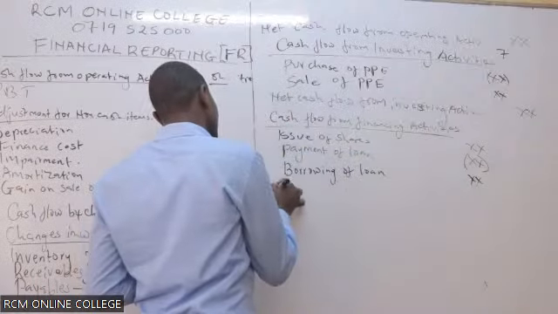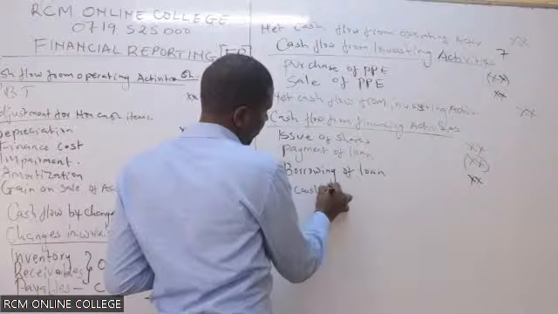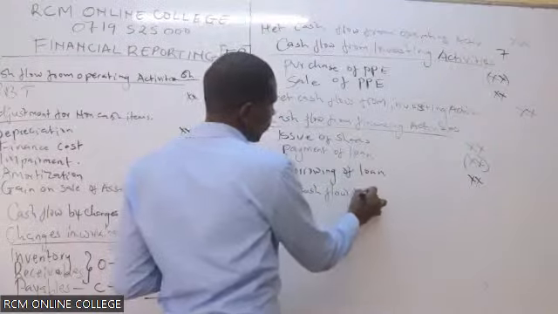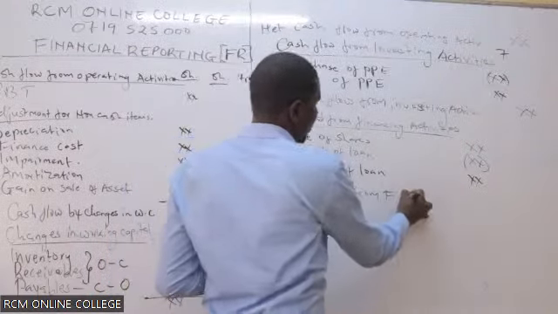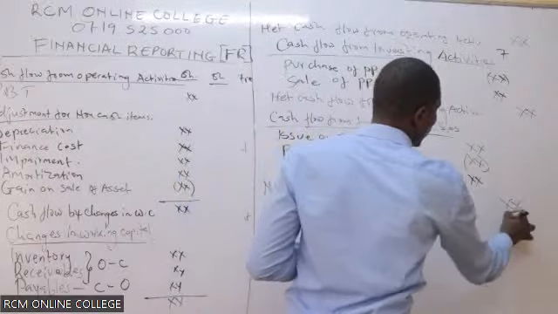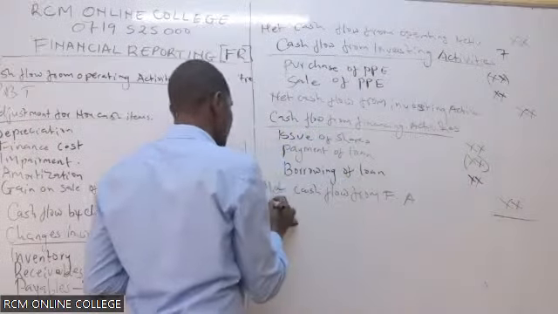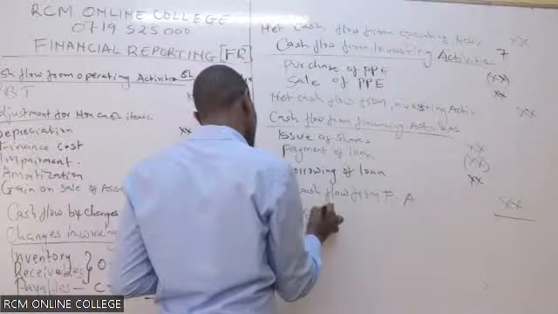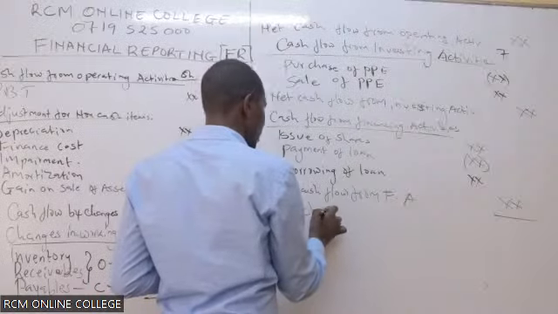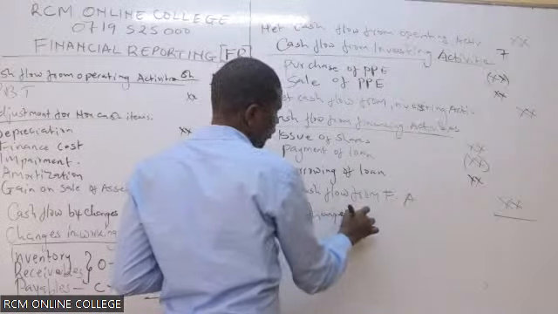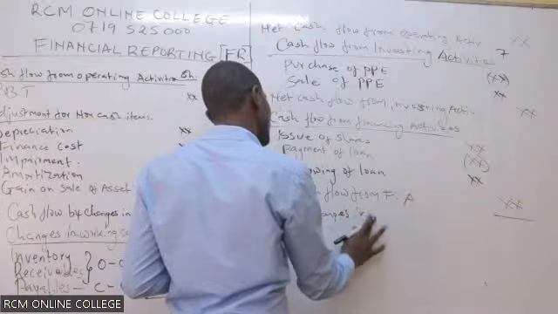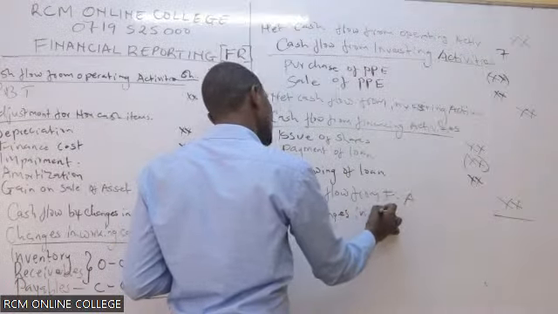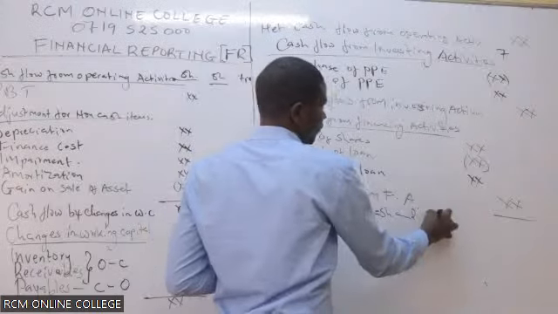Then you put net cash flow from financing activity. Unaweka kwa column ya mwisho ili unapata net changes in cash and cash equivalent. Net changes in cash, na hizi ni free marks hapa chini. Cash and cash equivalent.